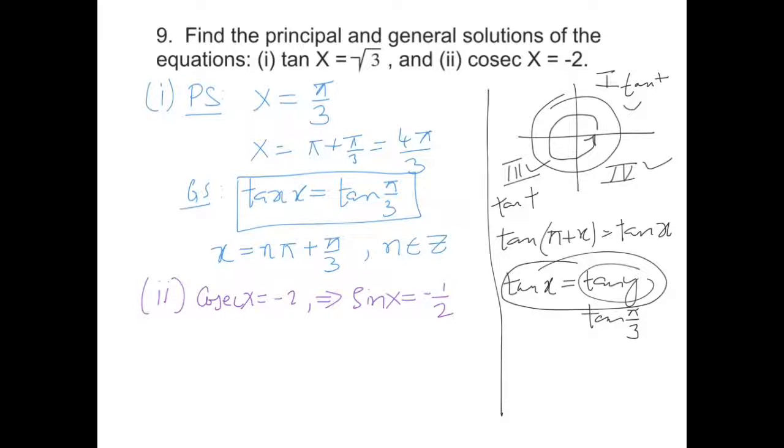Therefore, if we know an angle y for which sin y is plus 1 by 2, if we know a y that is acute for which sin y is 1 by 2, then we can find x as either pi plus y, that would be in the third quadrant, or 2 pi minus y, which would be in the fourth quadrant.